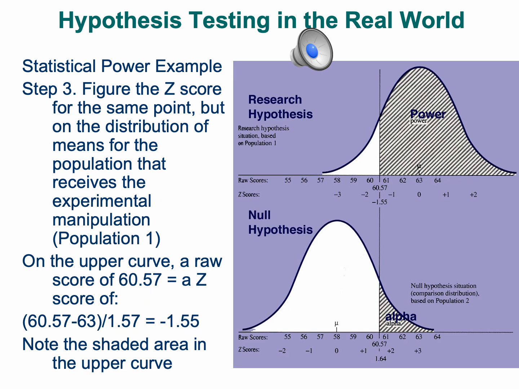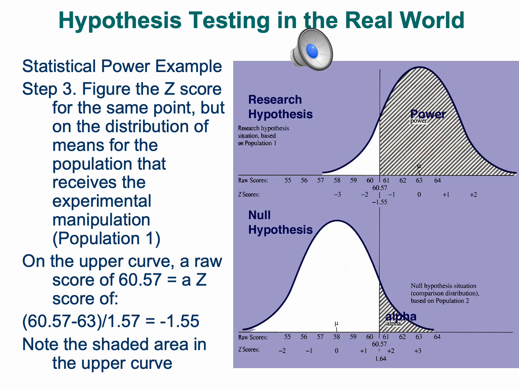Okay, for step 3, we're going to figure the z-score again for the same point, but now we're going to do it on the distribution of means for the population that receives the experimental manipulation, population 1, the one on the top there. So we're going to run that score up to the level on the top distribution, find out where the corresponding z-score is for an alpha level of 0.05 on the bottom distribution, and then we can figure out power once we do this.